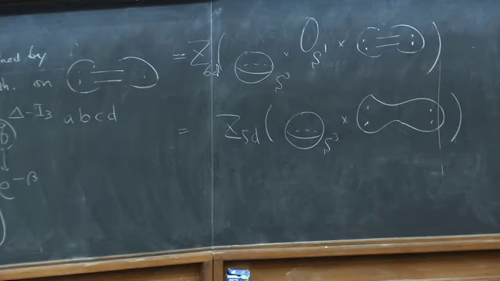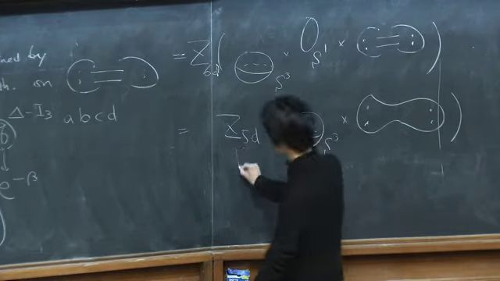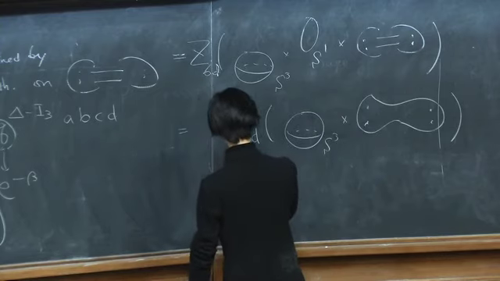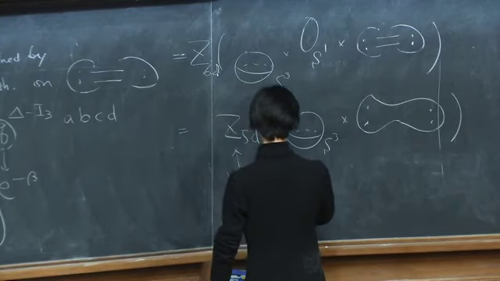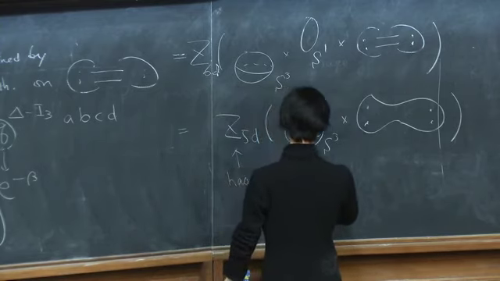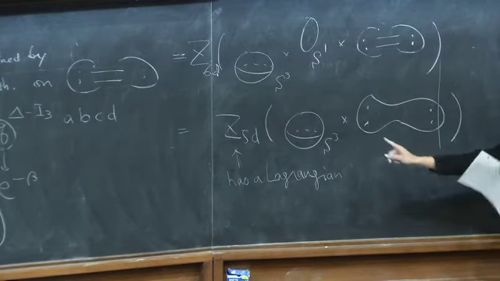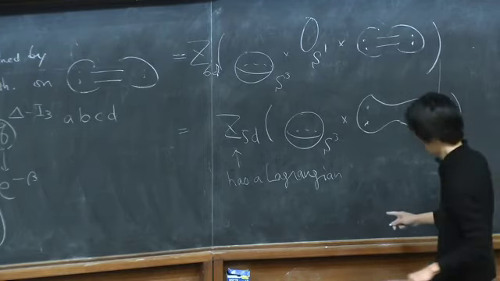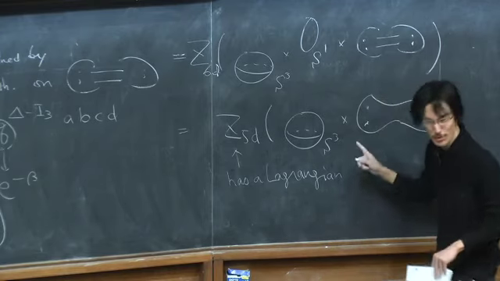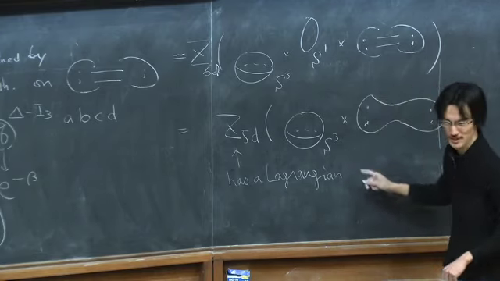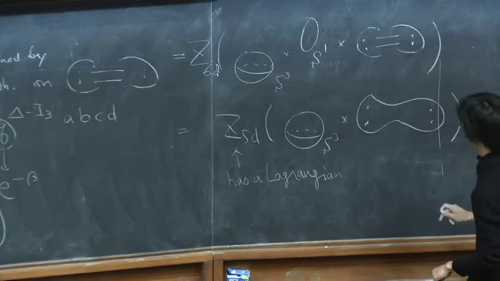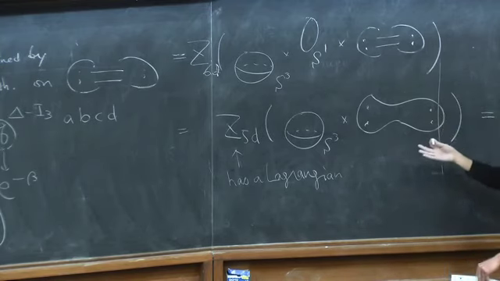Now, this 5D theory has a Lagrangian, so this is something you can really compute. And there are brave people who really computed this partition function. But roughly, you can see what's going on.